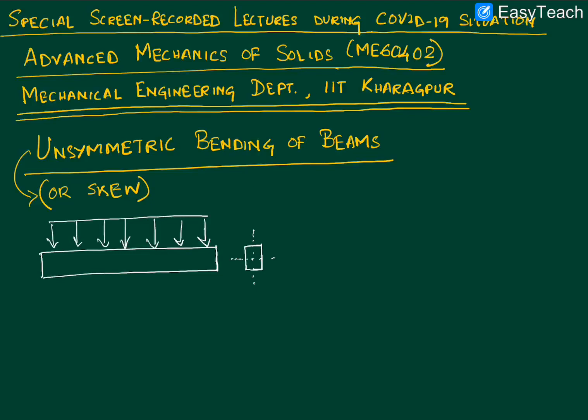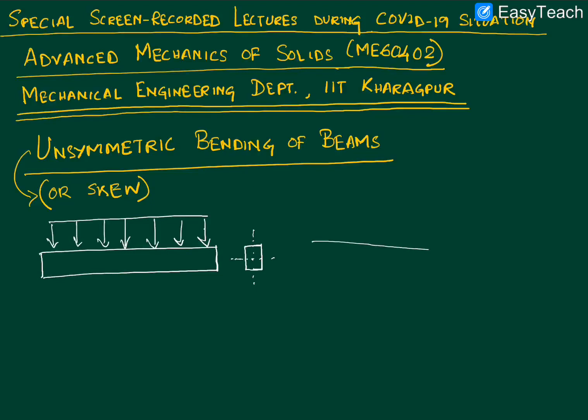Now, the symmetry that I mentioned, as far as our undergraduate studies was concerned, has definitely to do with the symmetry of the cross section, but it also has to do with the nature of the loading that was used. If I draw a three-dimensional version of this diagram, it will look something like this.